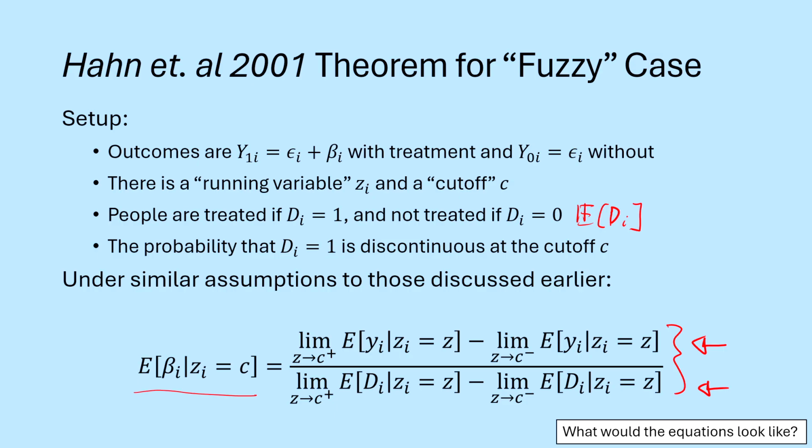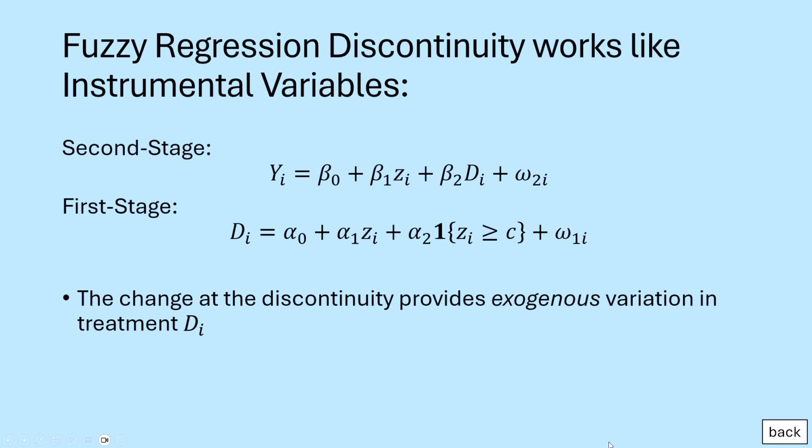Now, some of you have even more intuition from econometrics. Maybe you went further than just multivariate regression and you even began thinking about two-stage least squares or instrumental variables. If that's you, you may have some extra intuition for what's going on here. You can think about it like a two-stage equation where the cutoff in the probability of treatment is your first stage, and then there's some second stage where that treatment is then going to be affecting the y variable.